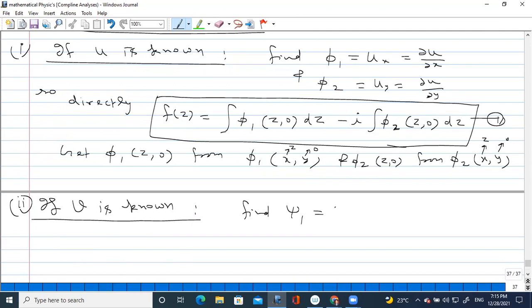Psi1 will be v_y, because v is given. So psi1 will be v_y, meaning del v by del y. And you have to find psi2. Psi2 is v_x. So you can remember this: u_x, u_y, and v_y, v_x, opposite to that. That will be del v by del x.